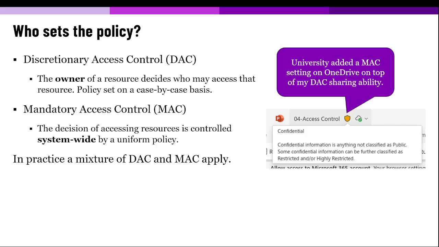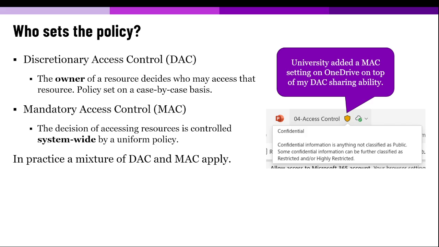So the researchers all concluded for a long time that there were only two approaches to this, which we call MAC and DAC. We'll start with DAC. DAC is probably what you're more familiar with. It's the idea that the owner of a file, whoever owns it, should be able to decide what to do with it. This is similar to village security, right, where everybody kind of makes their own decisions about security.